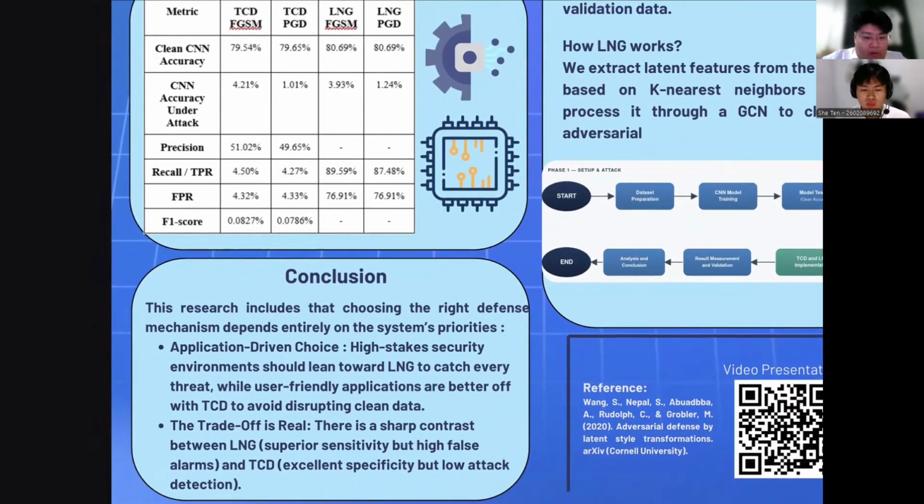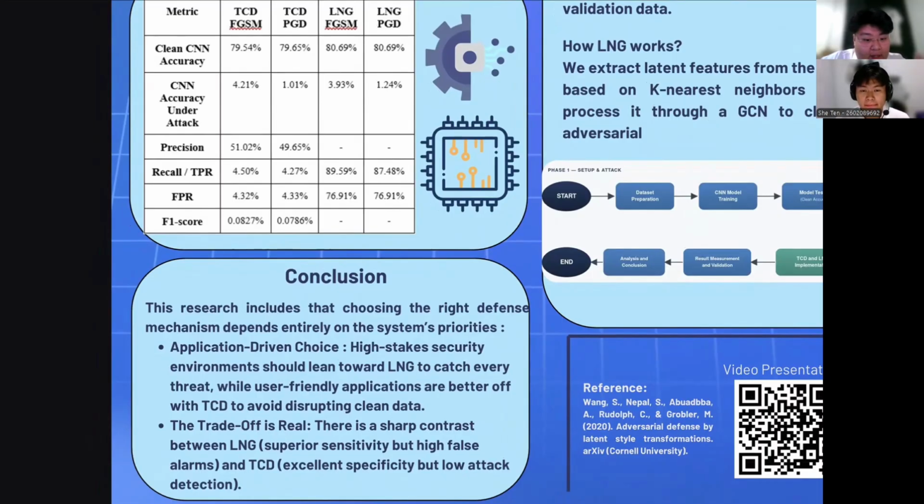Okay, to conclude this research, we compared two adversarial attack detection methods, which are Transformation Consistency Detector and Latent Neighborhood Graph, on a CNN image classification model using the CIFAR10 dataset. The experiments showed that both FGSM and PGD attacks greatly reduce the CNN's classification accuracy.